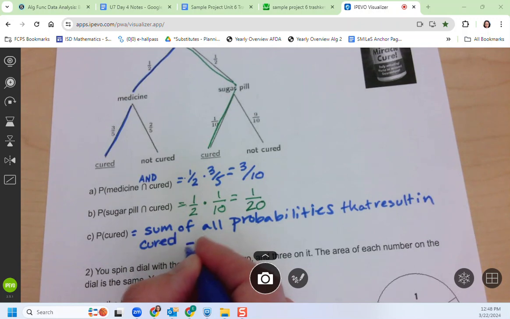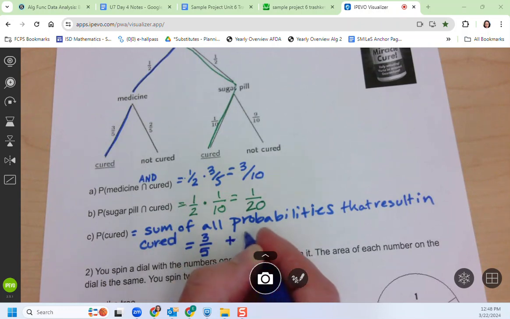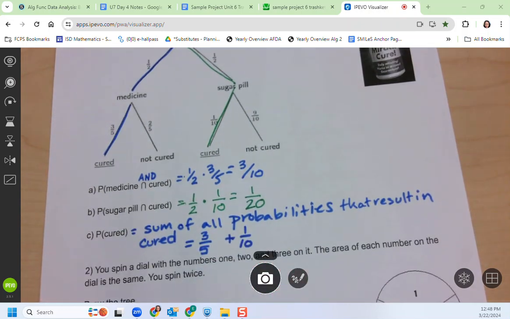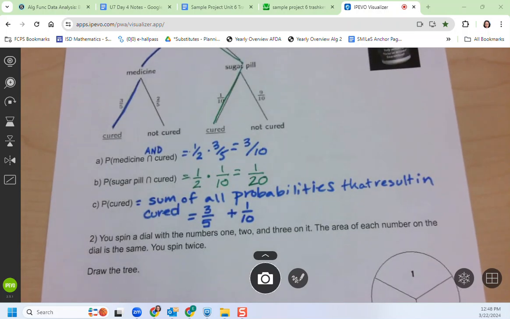And so it's going to be 3/5 plus 1/10. Yes, so your final answer should be simplified. That's good. You can add those fractions in Desmos. You cannot just add them the way they are, though.